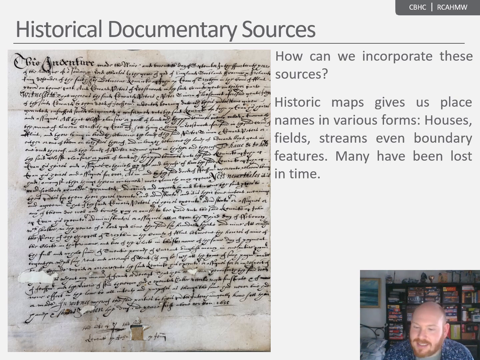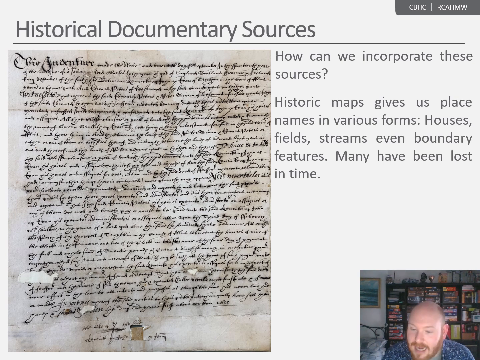So we can use things like field names that may have been lost post tithe survey, but existed before then, to try and link them to a historic documentary source. So for instance, if you've got an enclosure map which says this land was called Gethley-Gunnan, but that name doesn't survive post 1700, we can look for a historic document, maybe a rental or a will or a charter, from a similar time period or a little bit earlier.